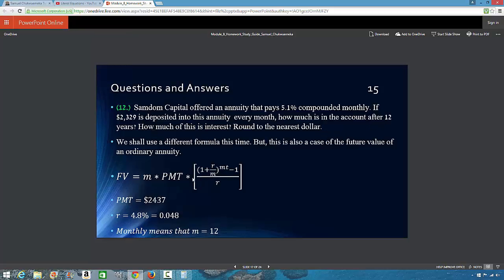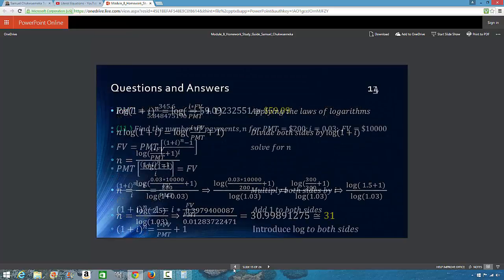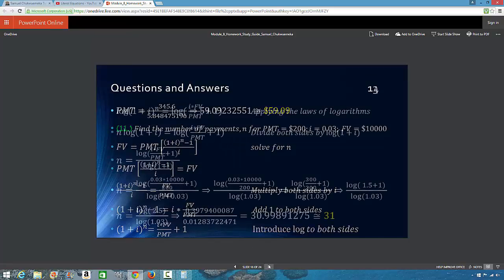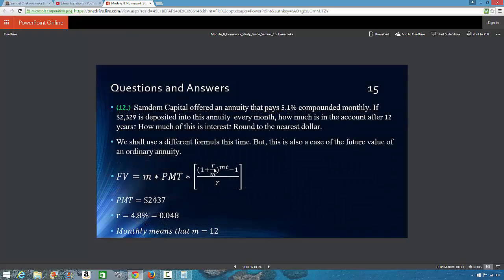So you don't need I and N. They didn't give us I and N, like in the previous one we did, whereby we have I and N. This is still the future value formula, but in this case, you have M, R, and T. So you use that. It's the same future value, but the thing here is knowing what to use when. Okay.